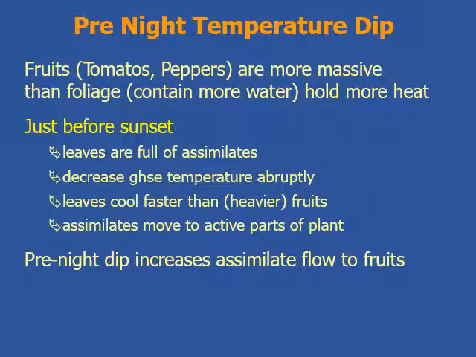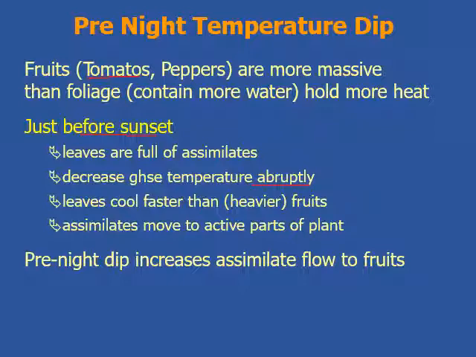All right, lastly, finish up with this. As opposed to the pre-dawn dip at the beginning of the day, there is also a pre-night dip. And this is interesting from a tomato production perspective. This is common practice, especially in tomatoes. And I mentioned this in one of the labs at the greenhouse, where just before sunset, you drop the temperature of the air abruptly.